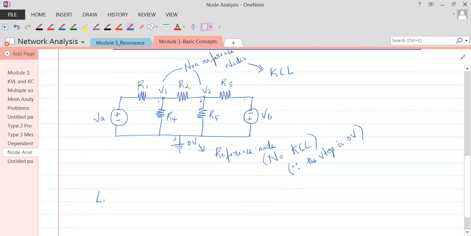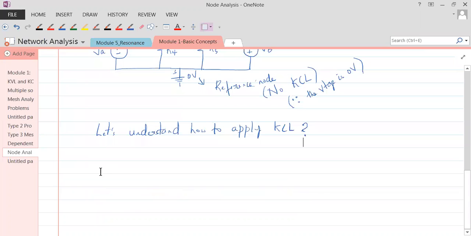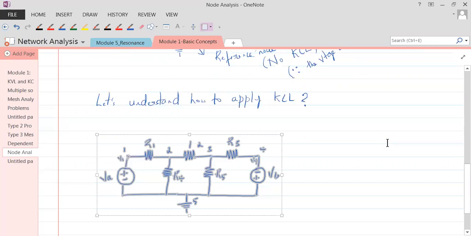Now let's understand how to apply KCL. Again, I want the circuit. Whatever circuit you have, you can just start dealing with it. How to apply KCL at node 1 and node 2. Let's see.